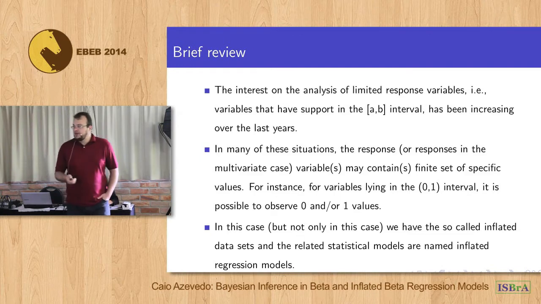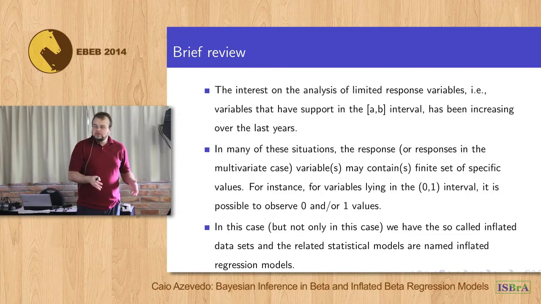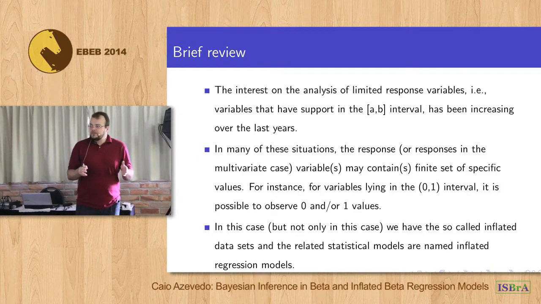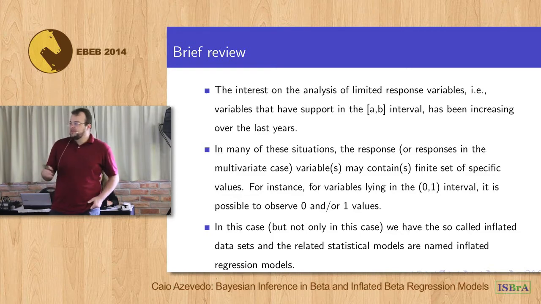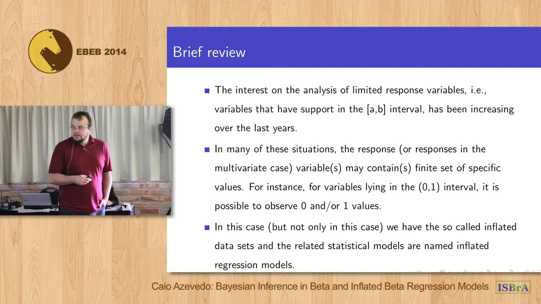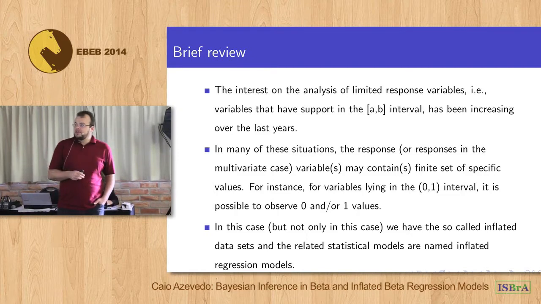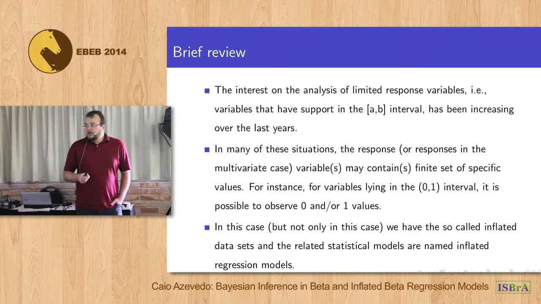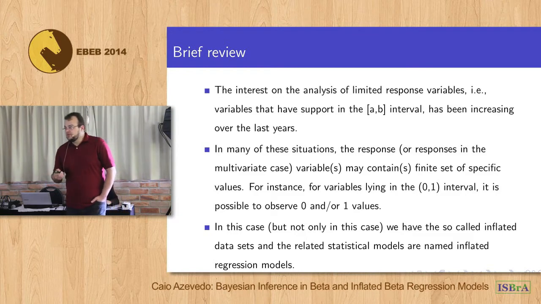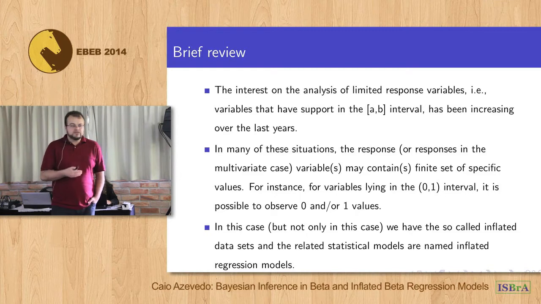Sometimes, besides the 0-1 interval, this response variable can present 0 and 1 values. So we have the so-called inflated data sets, and the regression models that are generally used to model this kind of data are called inflated regression models. Perhaps the most used kind of inflated regression models is the so-called beta inflated regression models.